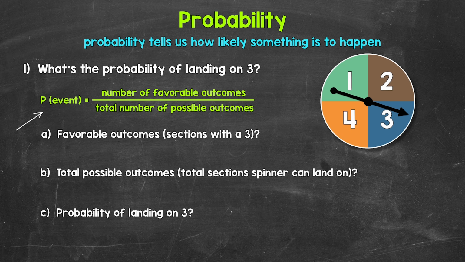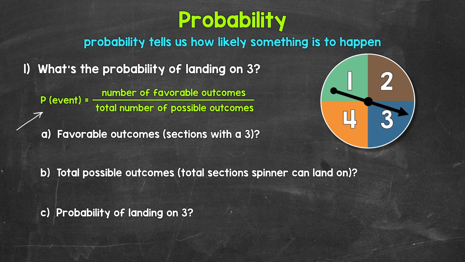The probability of an event equals the number of favorable outcomes over the total number of possible outcomes. Favorable outcomes are all of the ways our event can happen. Then the total number of possible outcomes, that's the total number of things that can happen. The total number of possibilities. All of this will start coming together as we go through our examples.